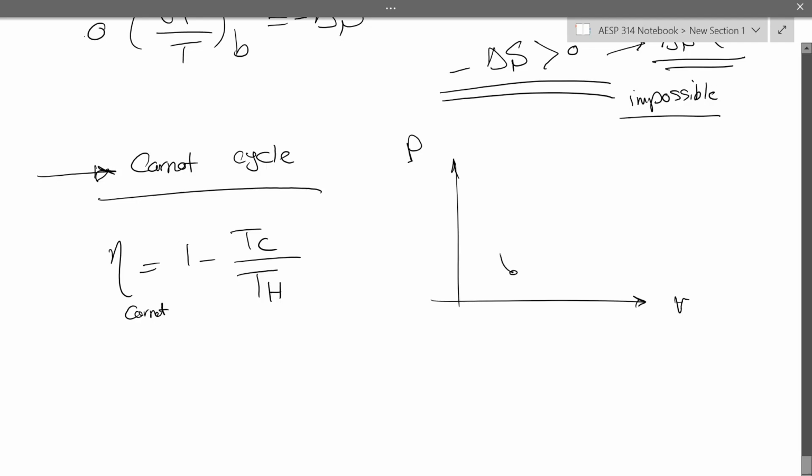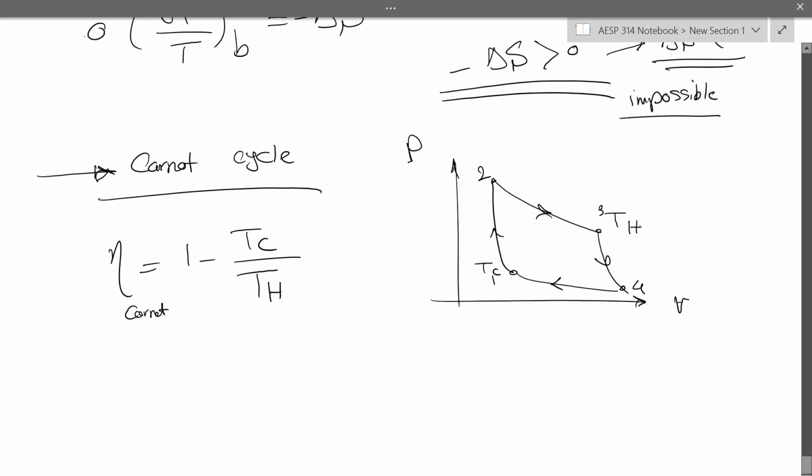That we go from 1 to 2, then to 3, 4, right? This is going to be your Tc, this is going to be your Th. So the ratio between these two is going to be equal to your Carnot efficiency.